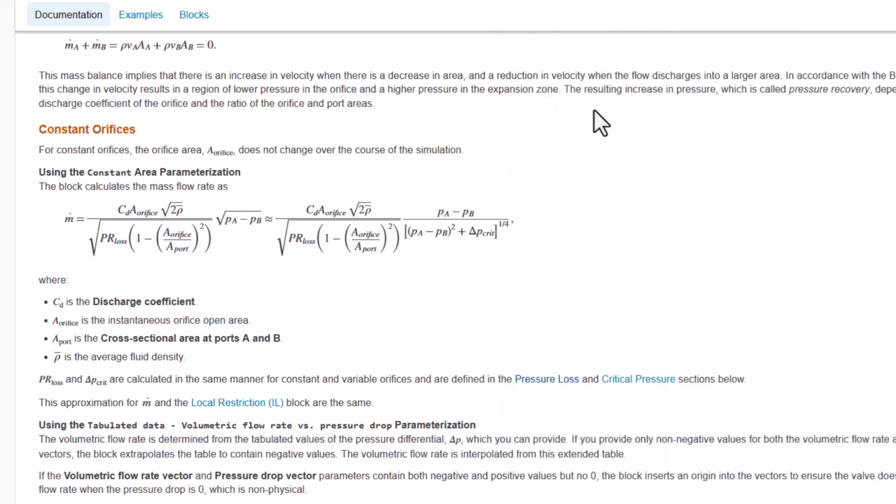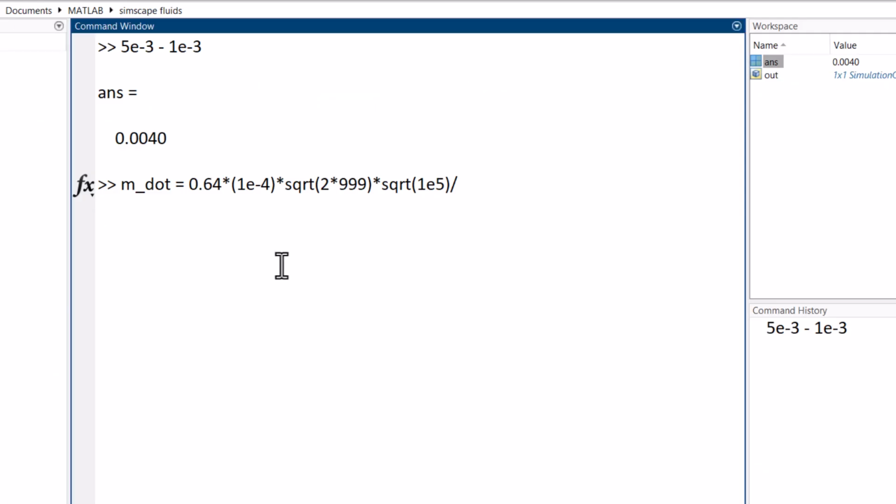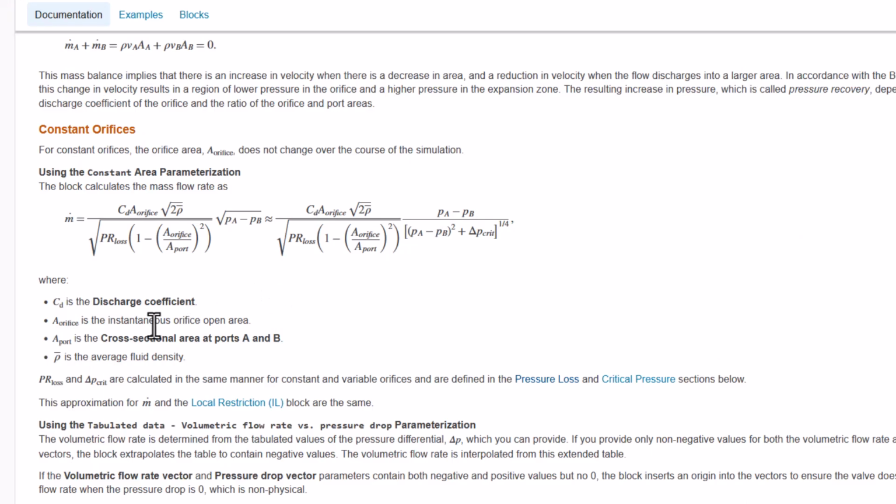So since the area of the port is infinity, this fraction is going to be equal to 0, and 1 minus 0 is 1, and 1 times pressure loss is equal to the pressure loss. So it is equal to the square root of the pressure loss.